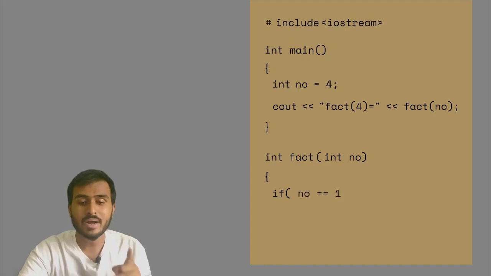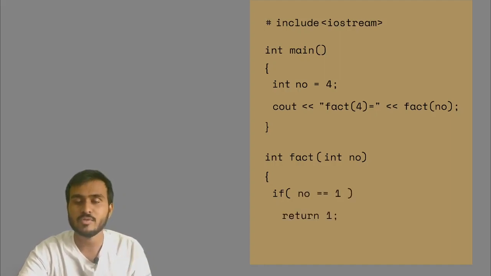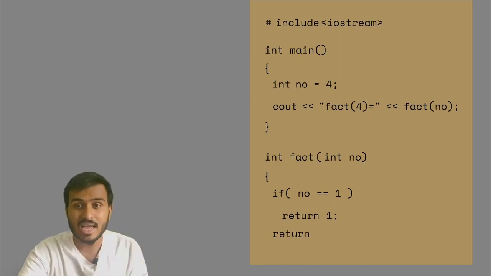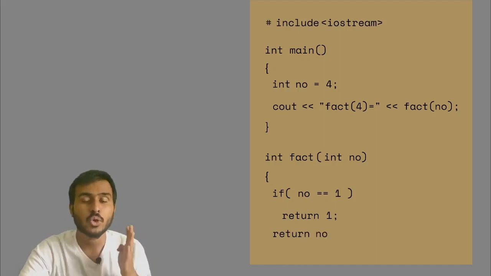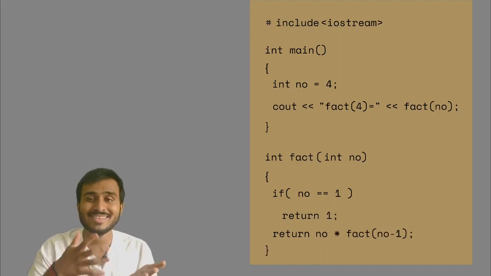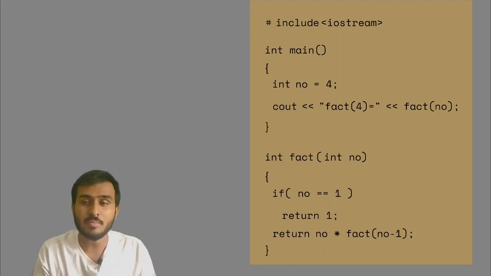So if my number is 1, in that case we are going to return 1. If the number is greater than 1, in that case we are going to return number into factorial of number minus 1. That's it. This is the function to find the factorial of a number.